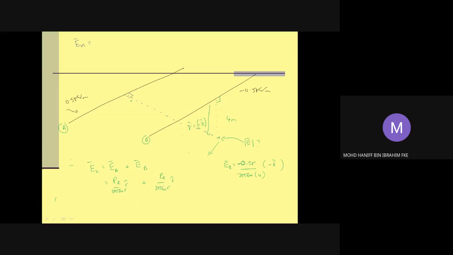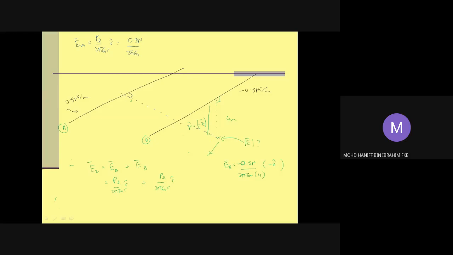So your EA should be rho L over 2 pi epsilon naught R, direction of R, and rho L should be a positive charge of 0.5 microcoulomb per meter divided by 2 pi epsilon naught R.